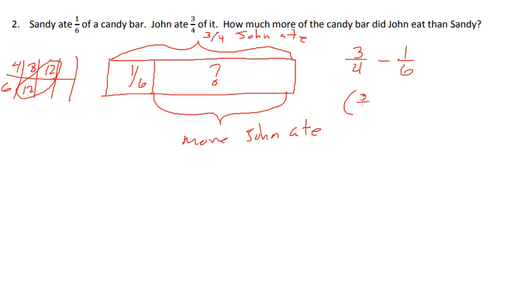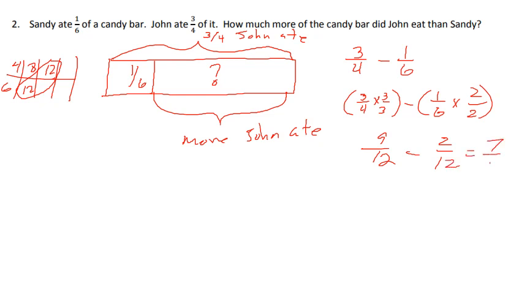I'm going to go 3/4 times 3/3, because 3 times 4 is 12. And I'm going to subtract 1/6 times, I'm going to have to multiply 6 by 2. So now I've got 9/12 minus 2/12, which equals 7/12. So John ate 7/12 more.